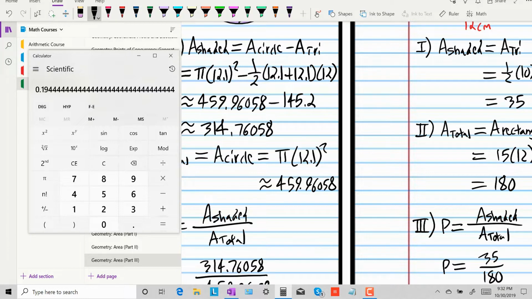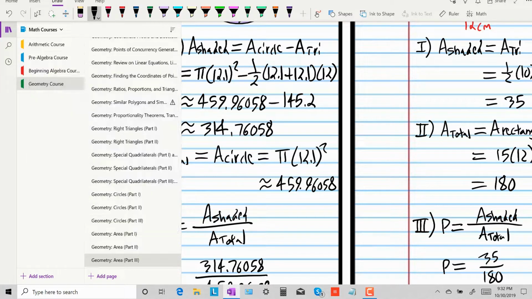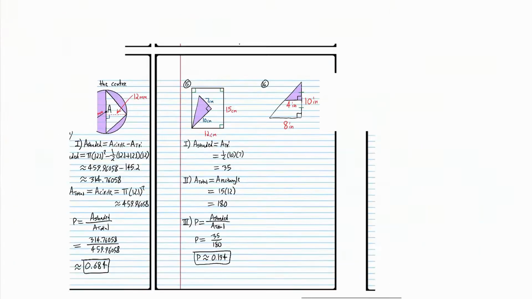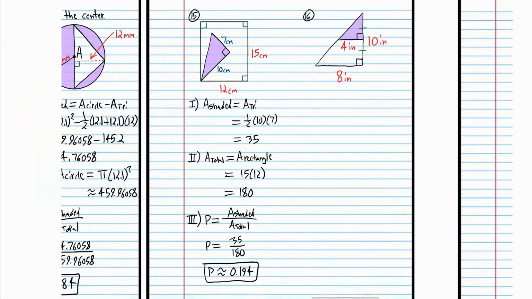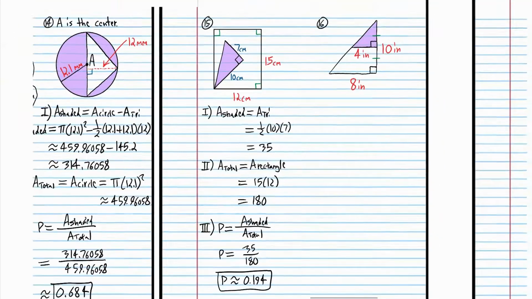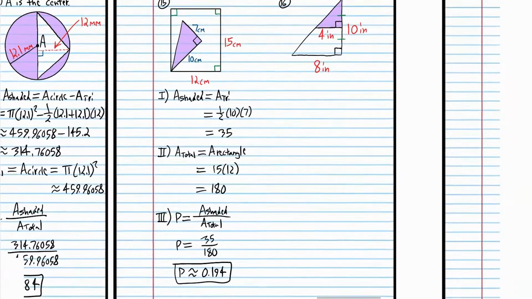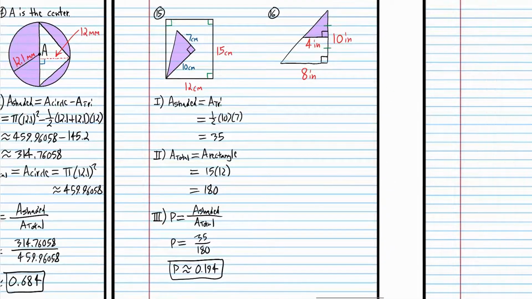And we get 0.194. Again, rounding to the thousandth place, 0.194. And that is the probability. So does that make sense? It seems to make sense. The probability of landing in the purple part is a lot less than 50%. So if you got that answer, good job.